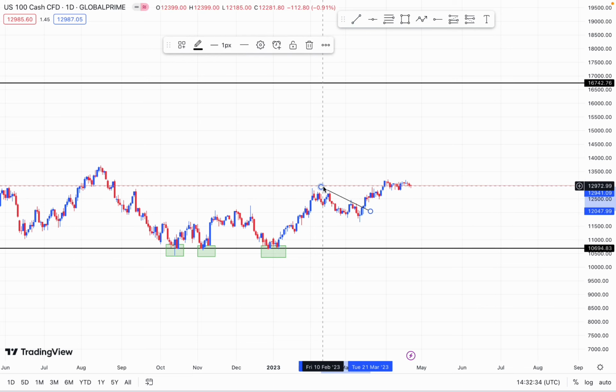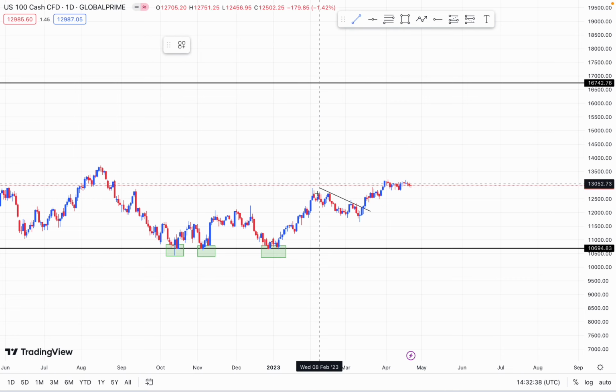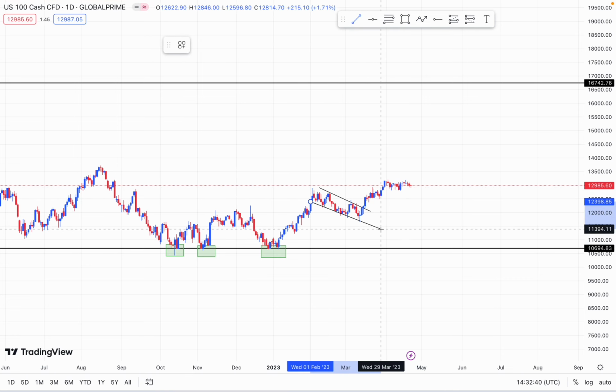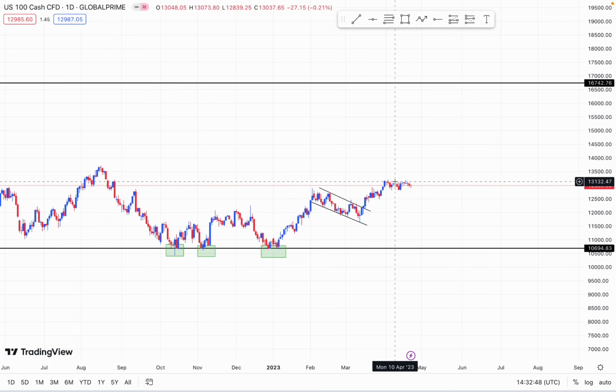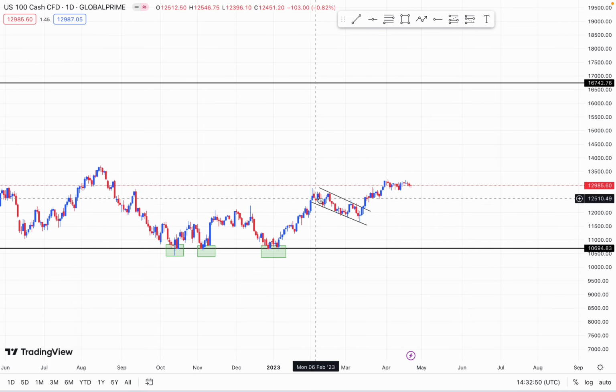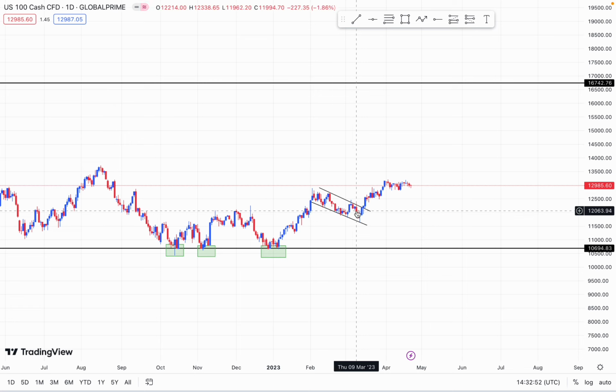What does this mean? A continuation flag is basically a resting phase. As you can see, the market pushed and then it rested and now it's pushing again, right? So this continuation flag means that the market is going to start buying again.